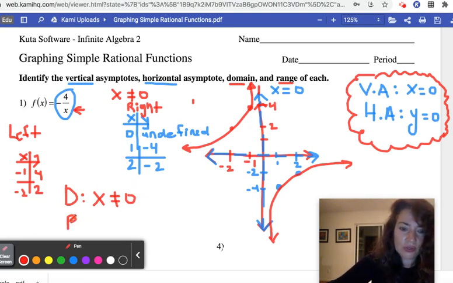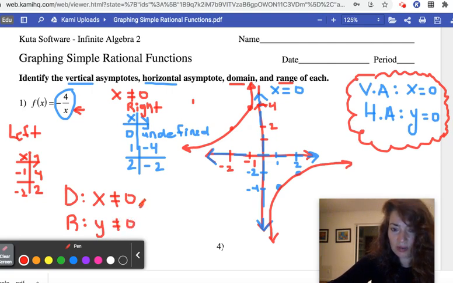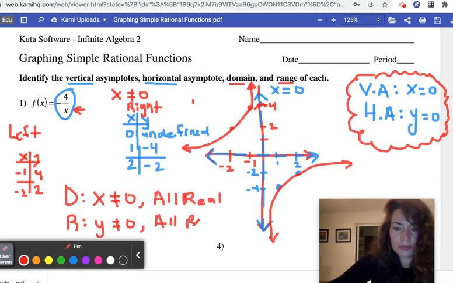And our range is also determined by our horizontal asymptote, which the graph will never reach. We will say the range is y cannot equal 0, but it can be any other number but 0. So we can say all reals except 0 for the domain, and all real numbers except 0 for the range. And that pretty much concludes this question.